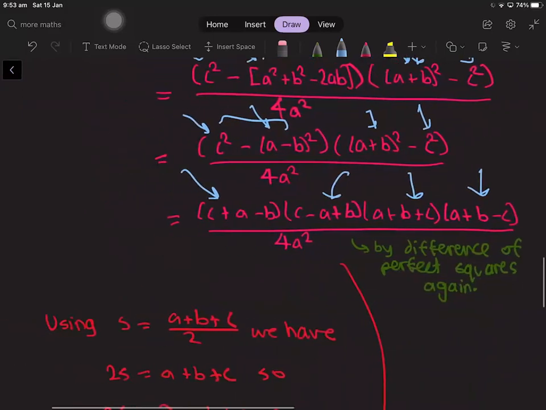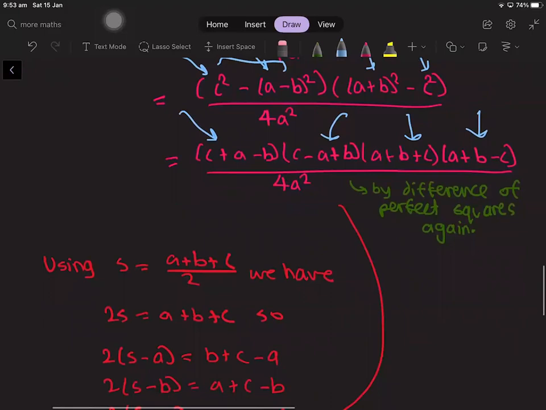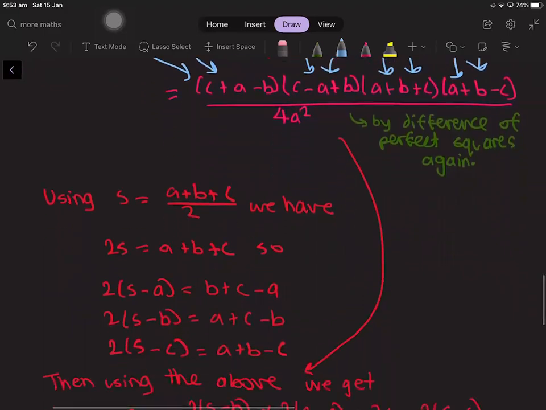And now this is where we can use the value of s is equal to (a plus b plus c) over 2. You see that 2s is equal to a plus b plus c. So we can actually find expressions for each of these values over here. Because, for example, if you do 2 times (s minus a), that's the same as subtracting 2a from here. So we have b plus c minus a. Do a similar thing here, and here we get 2 times (s minus b) is equal to this, and 2 times (s minus c) is equal to this.